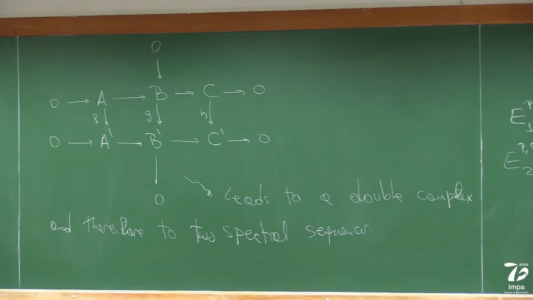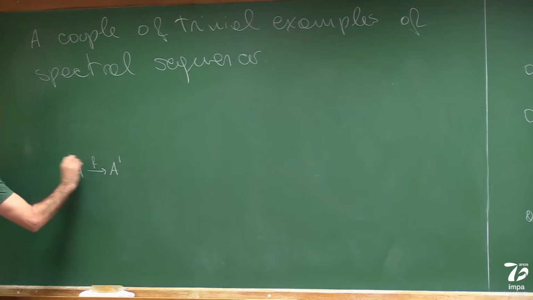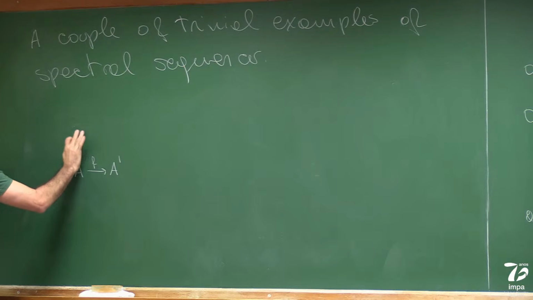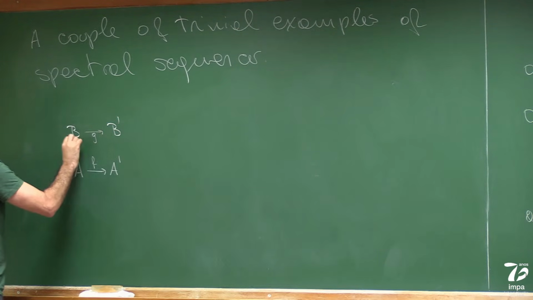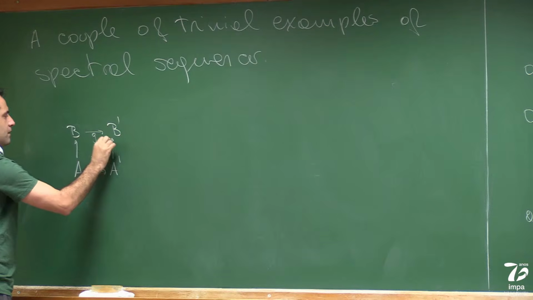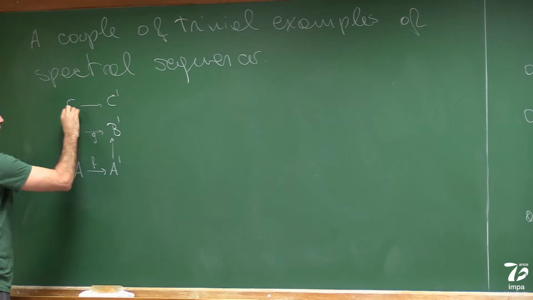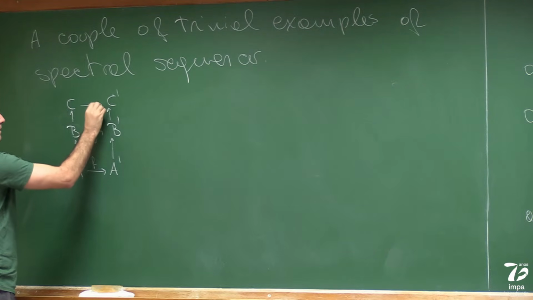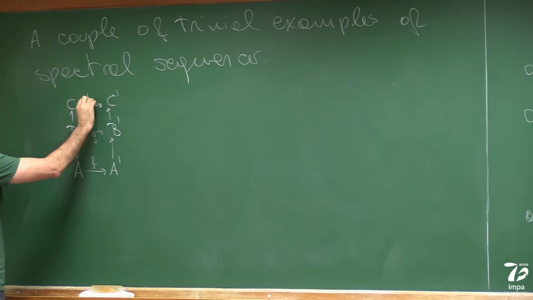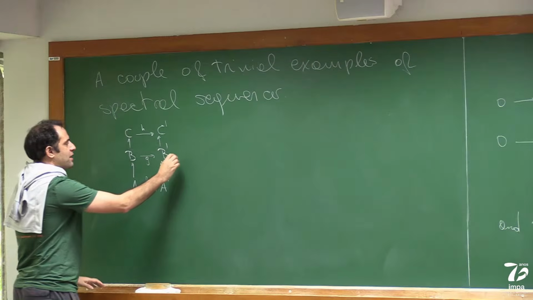So now this thing is going to look like A prime. F is going to be the horizontal arrow. B prime. G is the horizontal arrow. C prime. And then like this. And H is the horizontal arrow. So this is the E0 page.